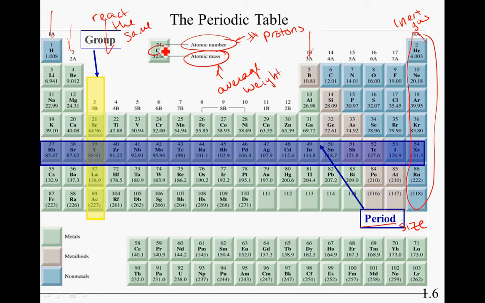There's also the chemical symbol. Some of these are really obvious, like carbon is C, nitrogen is N, oxygen is O. Some of them aren't so obvious. For instance, if we take a look at potassium, potassium is K. That's because its Latin derivative is kalium.